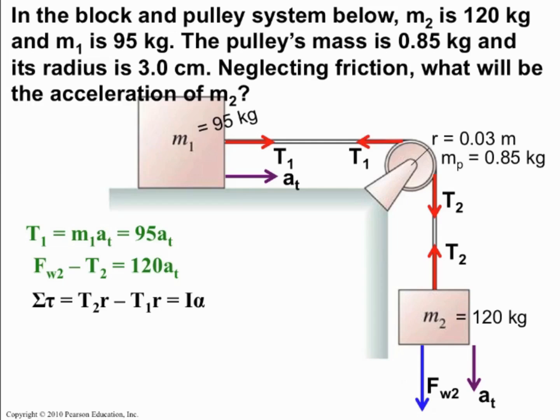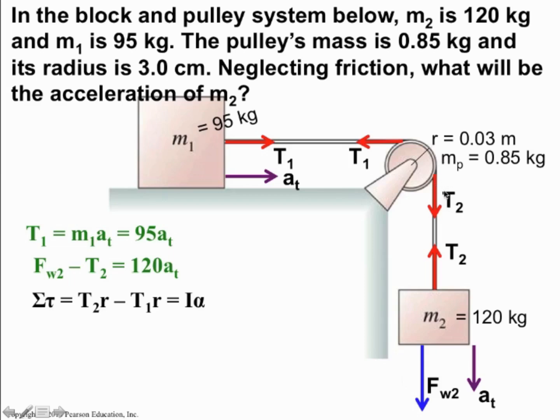Now, here's the part that is not intuitive. The reason it's not intuitive is because you're used to thinking of tension the same throughout. But let's take a look at this and see why it has to be true. Net torque. Well, let's look at this torque here. T2 is causing a torque, as you can see, because it's a tangential force.